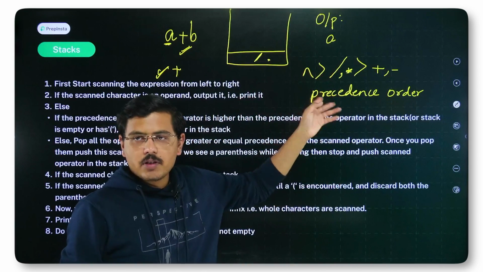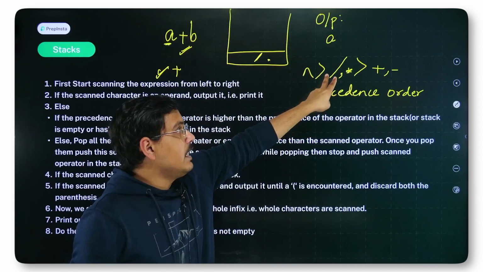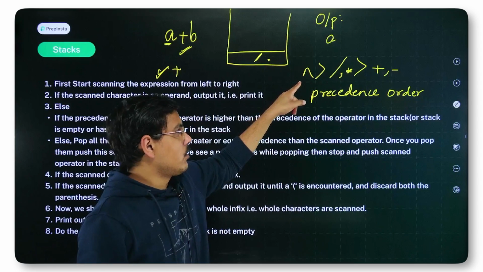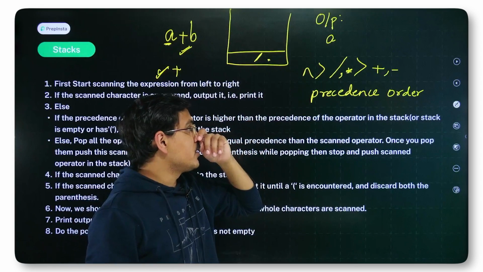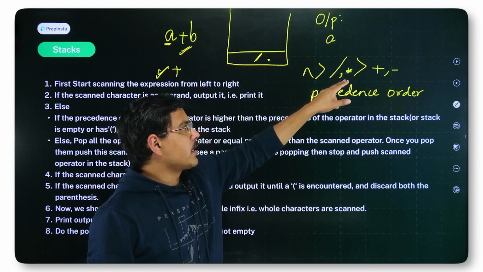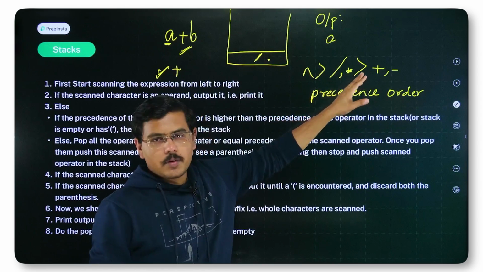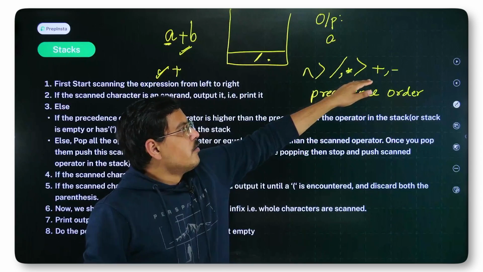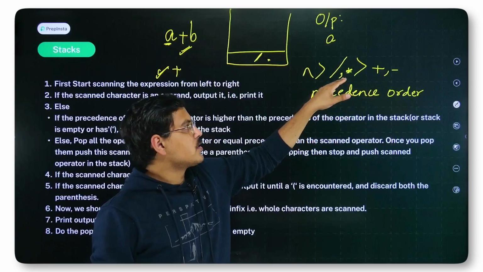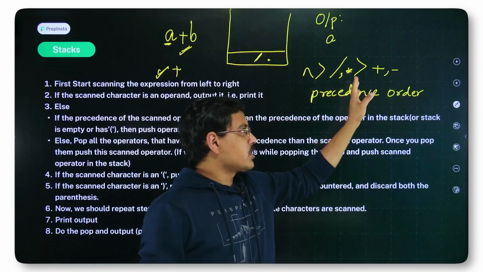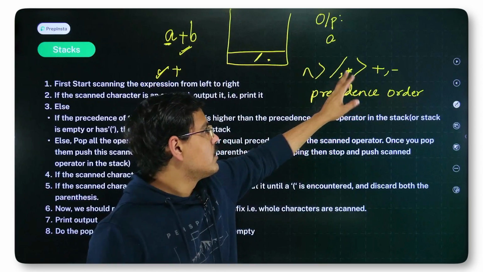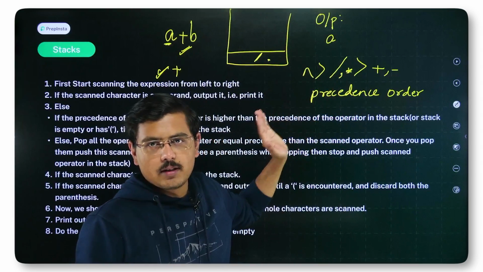Multiply and divide are of same precedence, but multiply and divide are greater in precedence than plus and minus. The power or exponential operator is greater than division, multiplication, addition and subtraction. Its precedence is greater than all of them. Plus and minus से ज़्यादा better precedence इनकी है, ये ऊपर आते हैं.